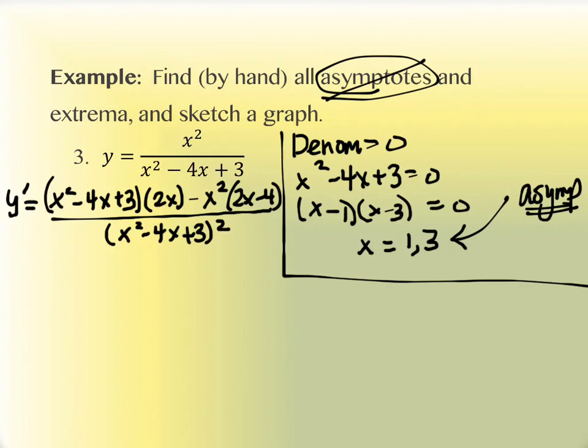So I need to simplify that numerator, because that numerator is going to find where I've got critical values that are not asymptotes. Is what it's really going to do for me. So let's find how that numerator simplifies. Let's see. I've got 2x cubed minus 8x squared plus 6x minus 2x cubed plus 4x squared.